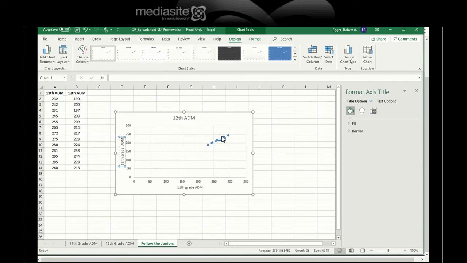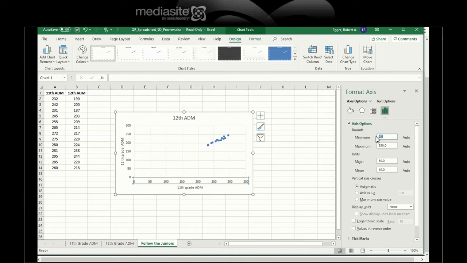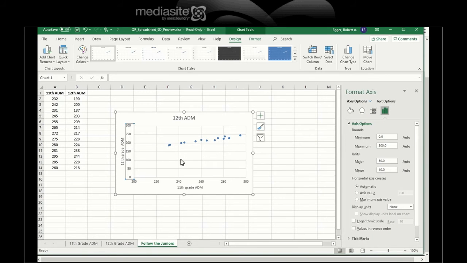Let's expand this out between 200 and 300. Oh, wrong one. Highlight it. Here we go. Let's have minimum value be 200, and the maximum value be 300, that's fine. There we go. And let's bring this up to 100.